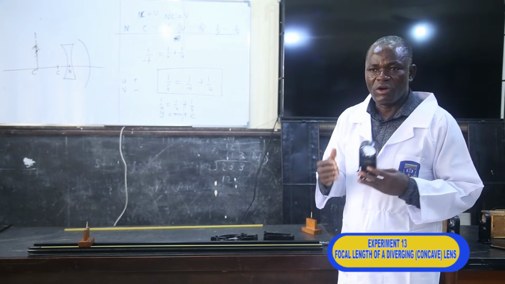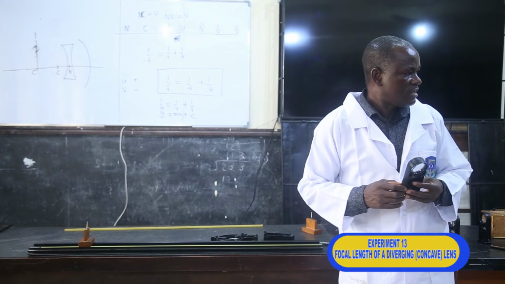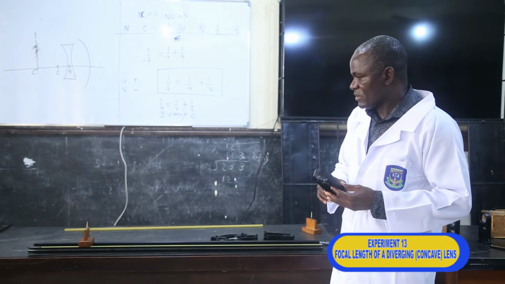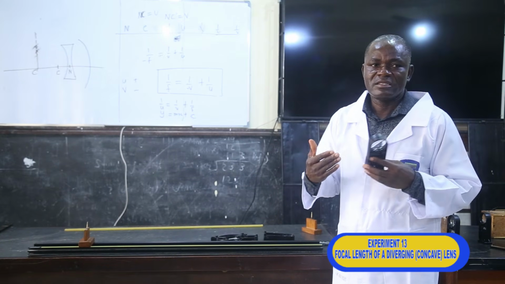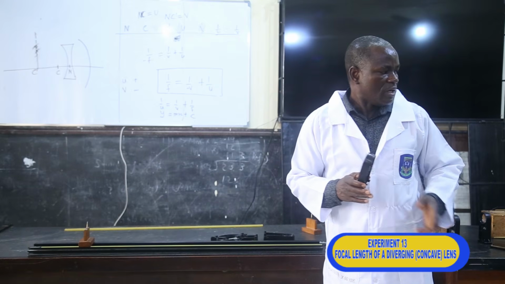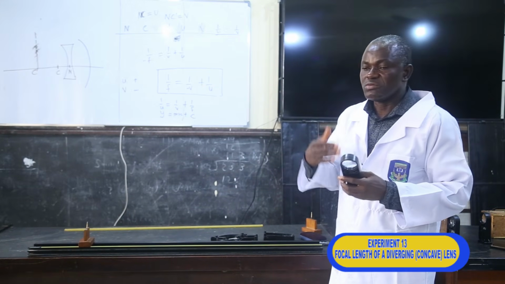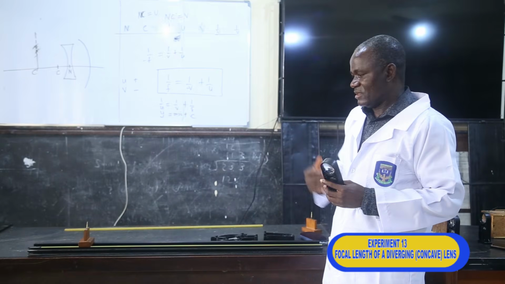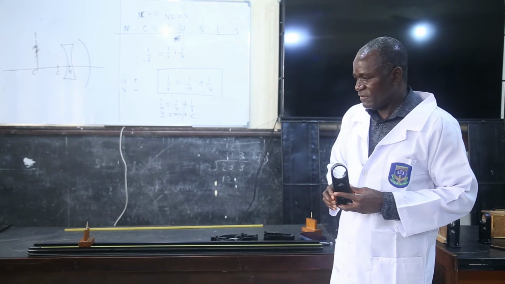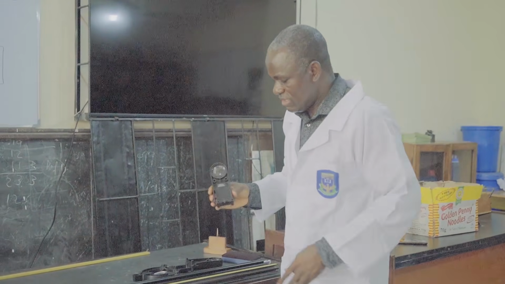When the object is placed between the focal length and the lens, we expect to have an erect and magnified image, which is going to be formed on the same side as the object. But for this experiment, we don't want that kind of image. We want an image that is going to be formed at the other side of the lens.